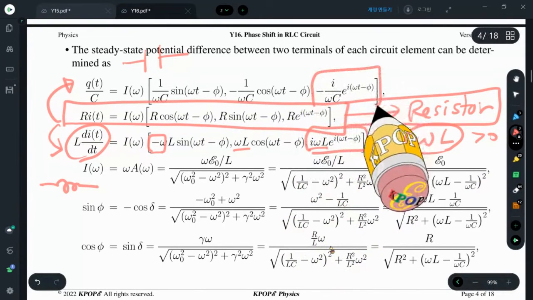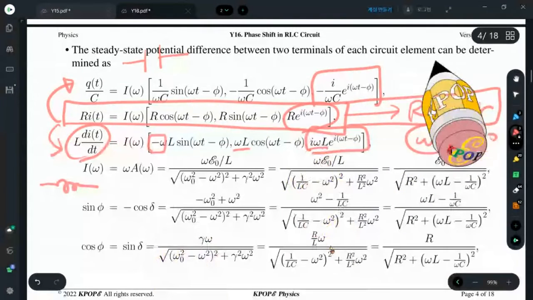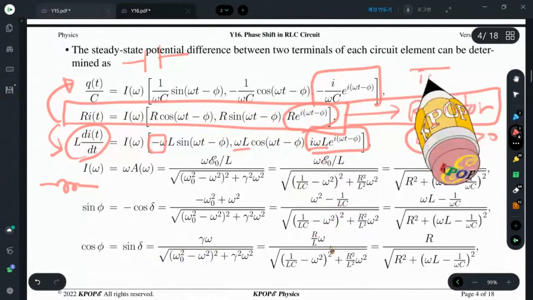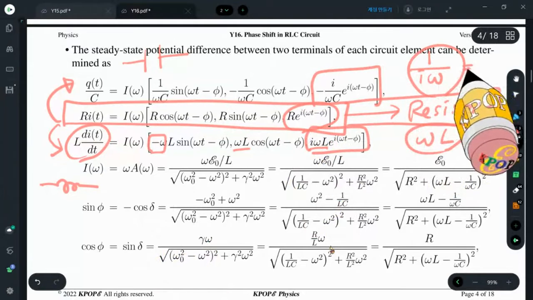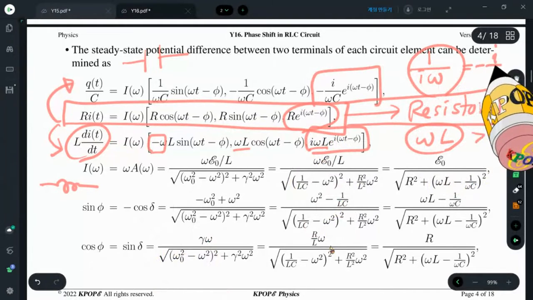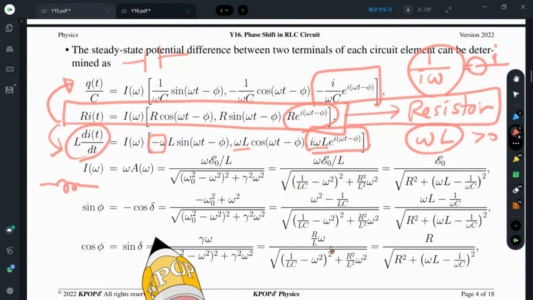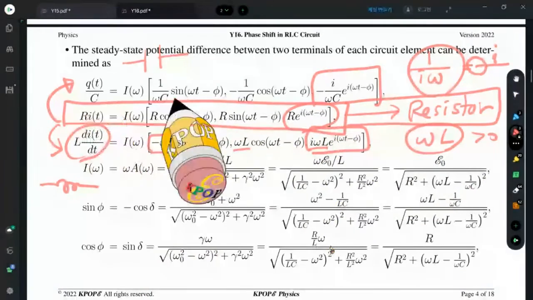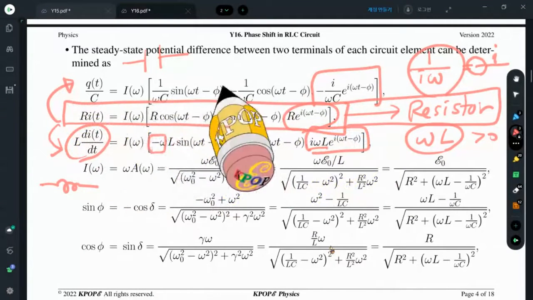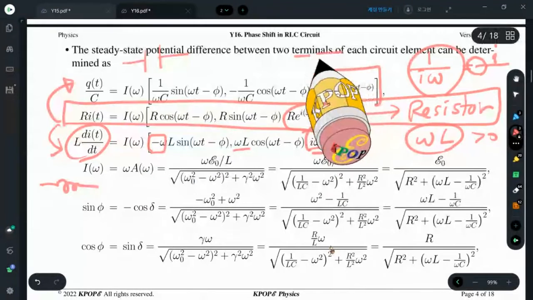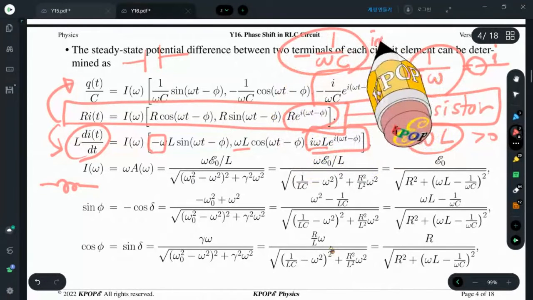What about the capacitor? If we use exponential form, this i omega appears in the denominator. To replace this one, we have i in the numerator, then I need to attach a negative sign. Therefore, in the case of a capacitor, its potential has a negative sign, omega C, in the imaginary part.